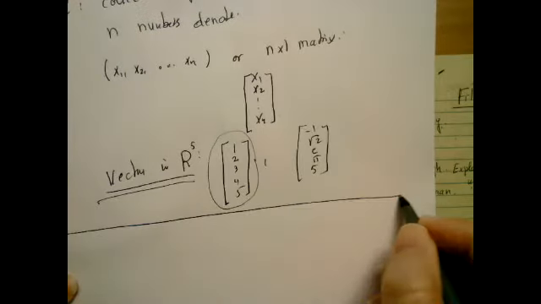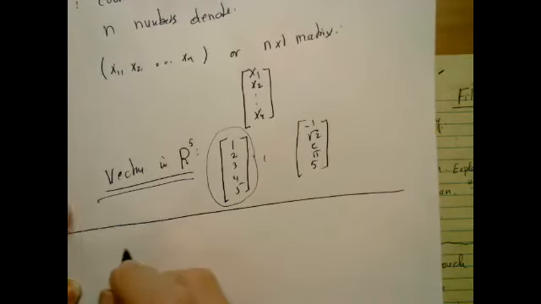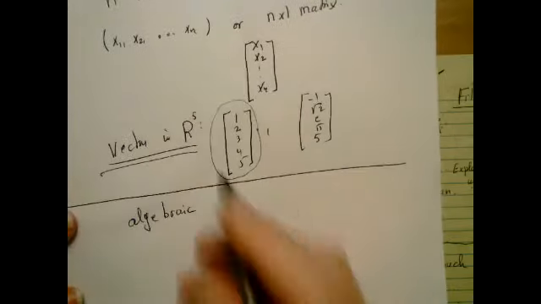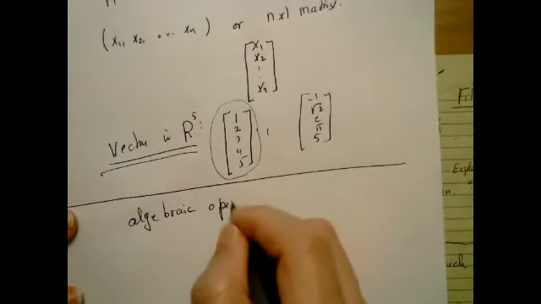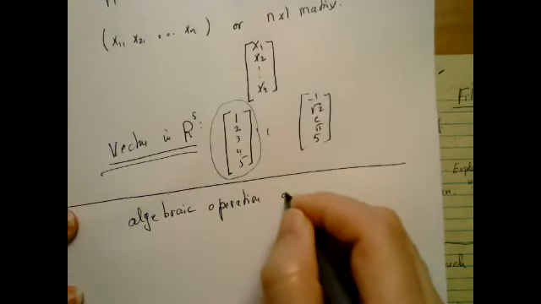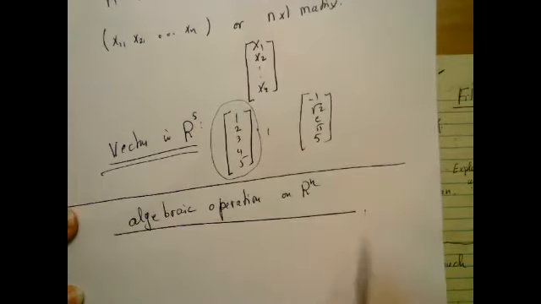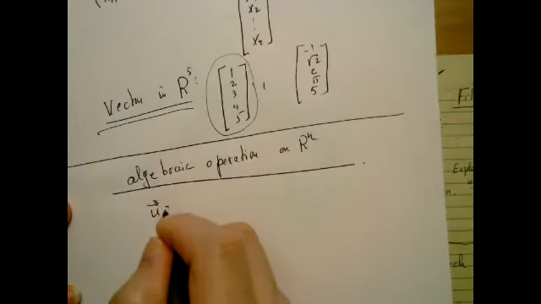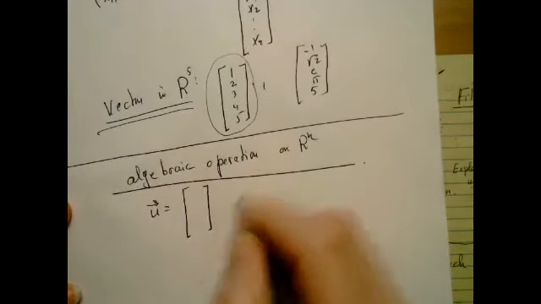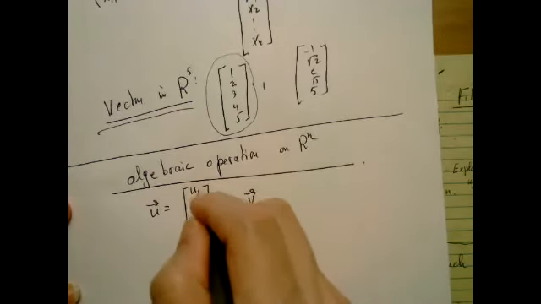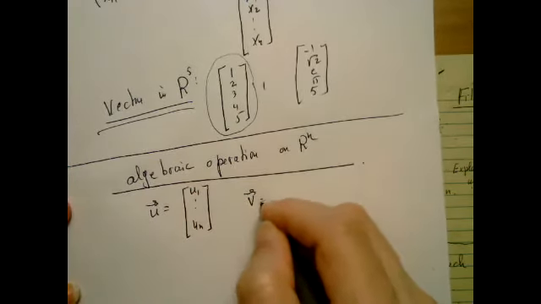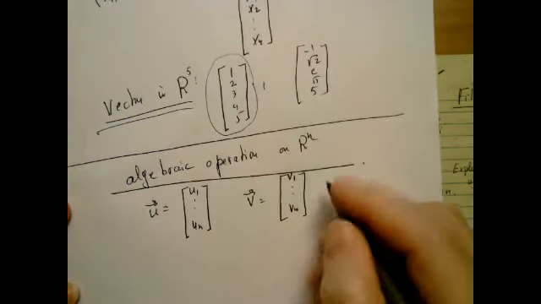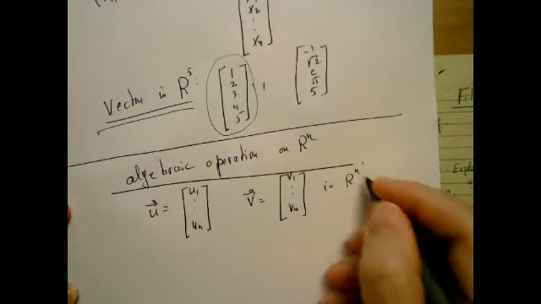Now, algebraic operations on Rn. We add vectors in Rn and we scale them. So if you have two vectors in Rn, suppose u and v, we're going to call them u1 through un, n components, and v1 through vn, the same number of components, both in Rn.